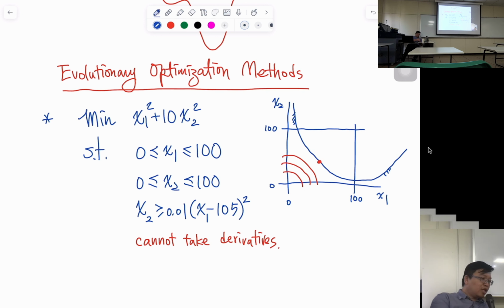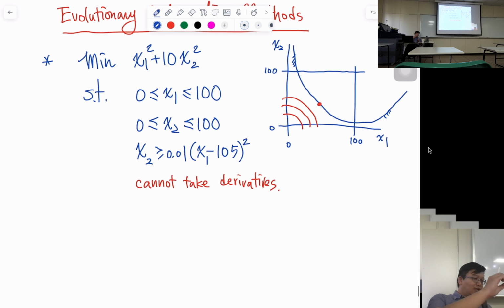So in evolutionary optimization, especially in GA, they will try to randomly choose their design point. Okay? So now I'm going to convert the decision of x1 and x2 into binary.